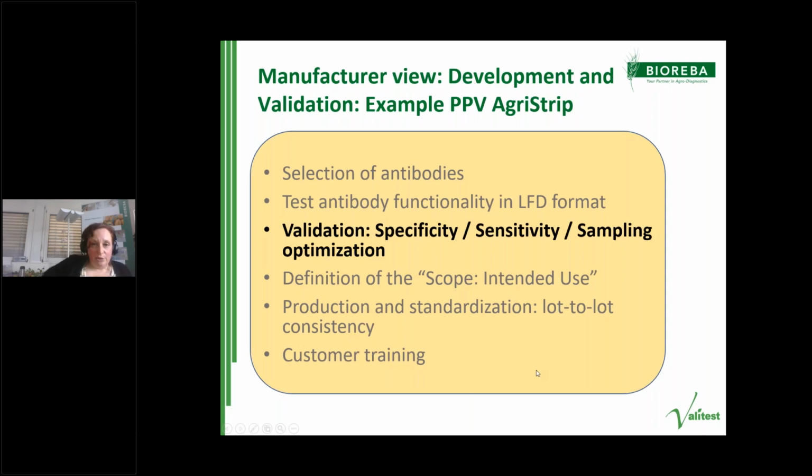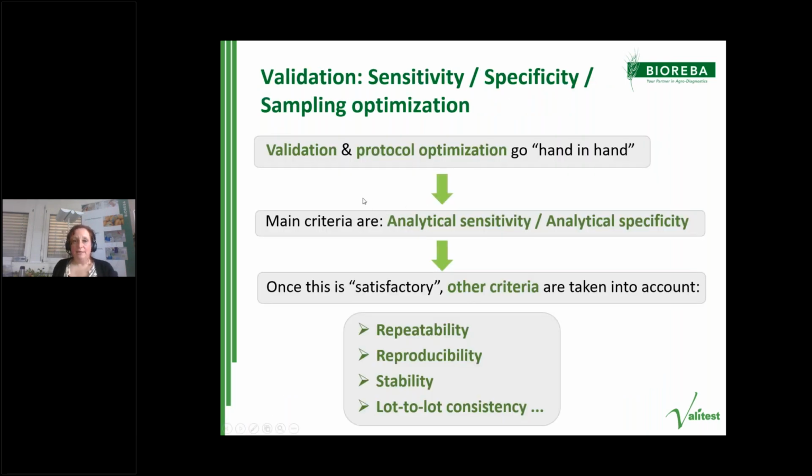Now for validation of such a lateral flow test. For us as manufacturer, validation and protocol optimization is a process that goes hand in hand. The main criteria we take into account are analytic sensitivity and analytic specificity.